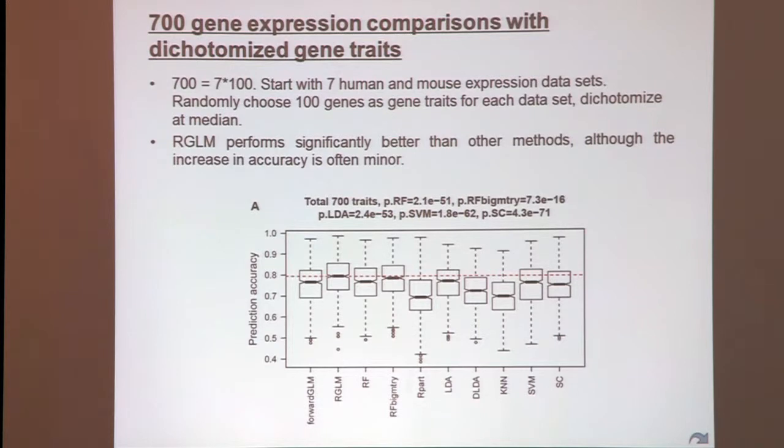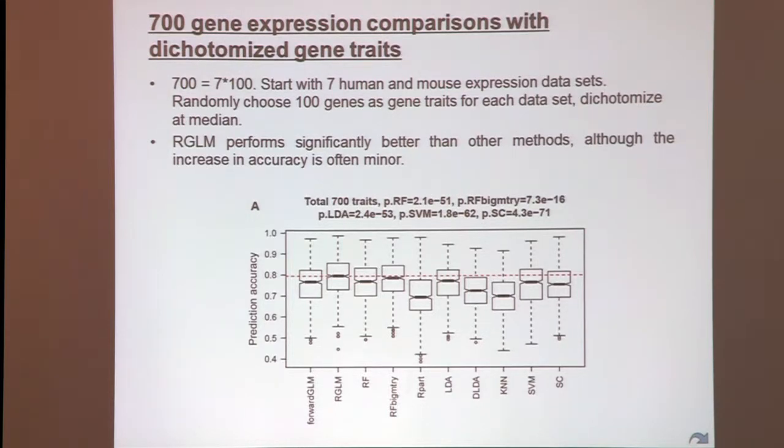But for the purposes of evaluating prediction methods, it's as good as any other. And so here are the box plots that show the prediction accuracy of these different methods. What we learn is that, yes, this random GLM is slightly better than all competing methods. It works better than the random forest.